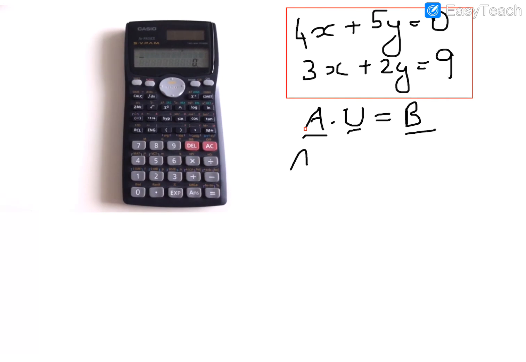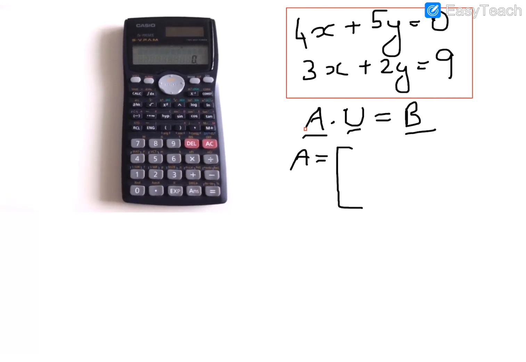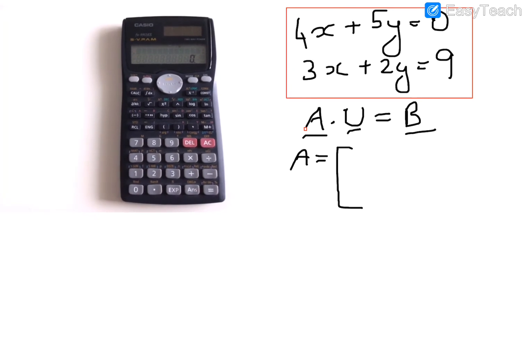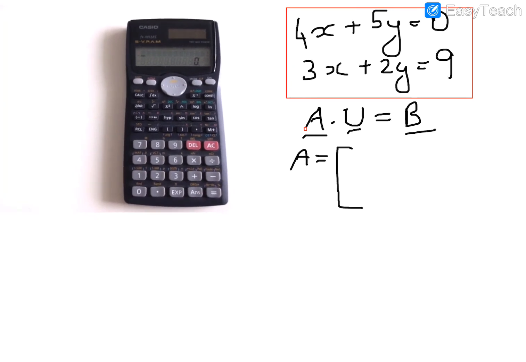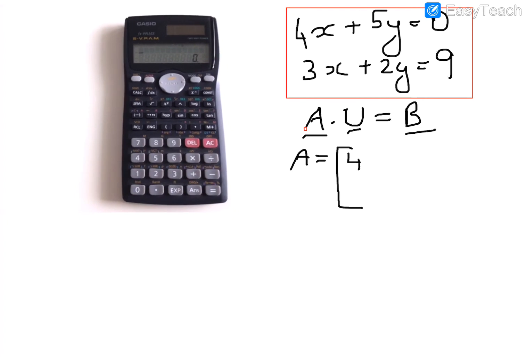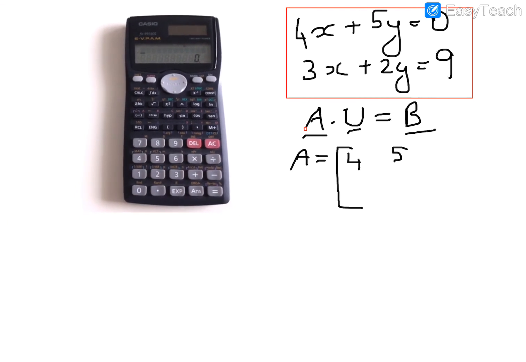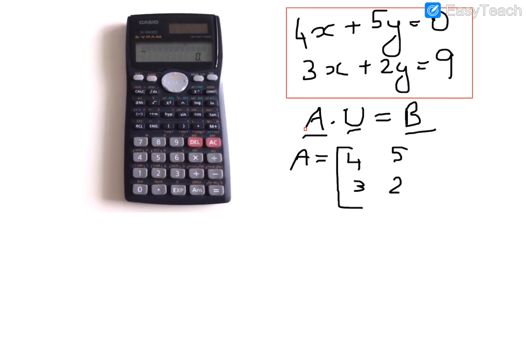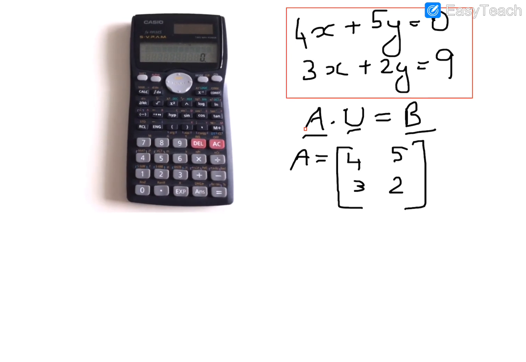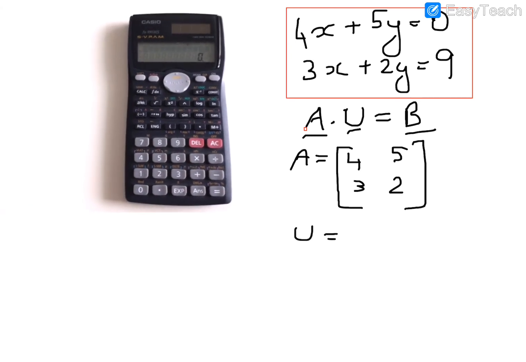So A will just be, in this case, a 2 cross 2 matrix because we have two coefficients, two unknowns. So it will be 4, 5, 3, and 2. Matrix U is just your unknown matrix.